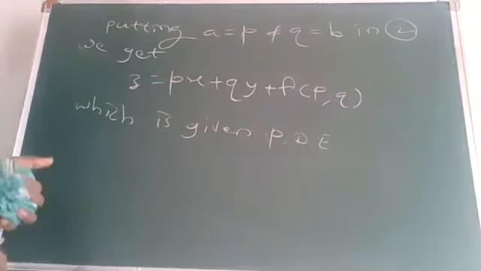This is only for the verification. Finally, whenever the standard form is z is equal to px plus qy plus f of pq, standard form second, then its complete integral is simply obtained by putting p equal to a and q equal to b, and that is z equal to ax plus by plus f of ab.